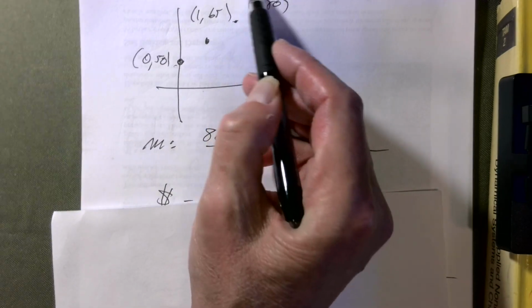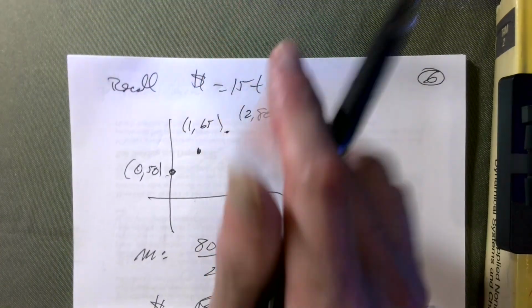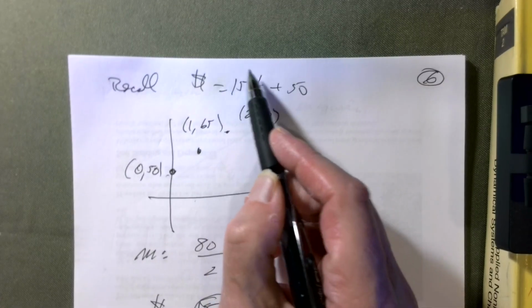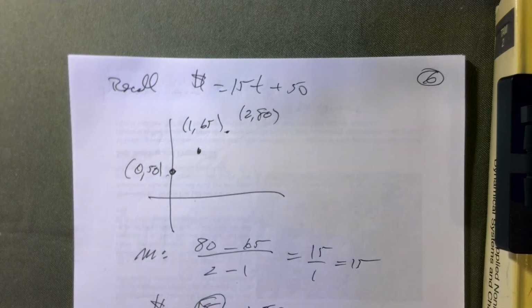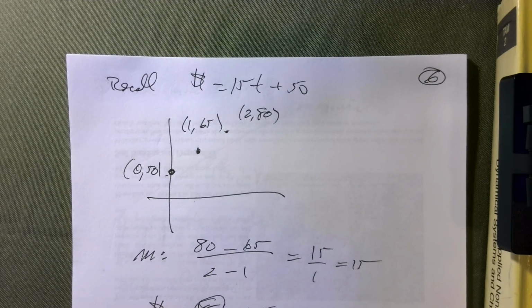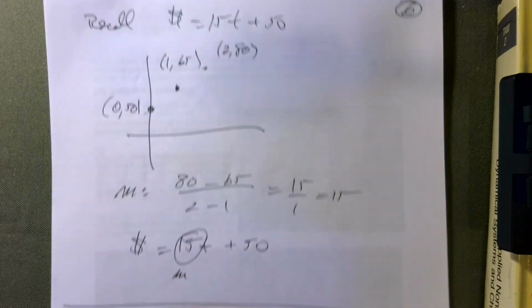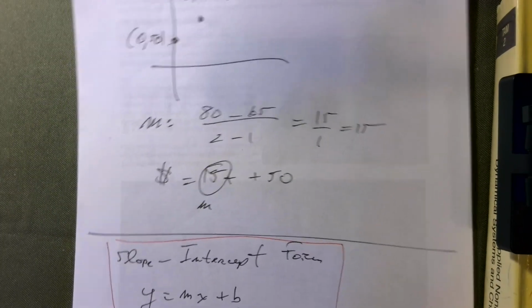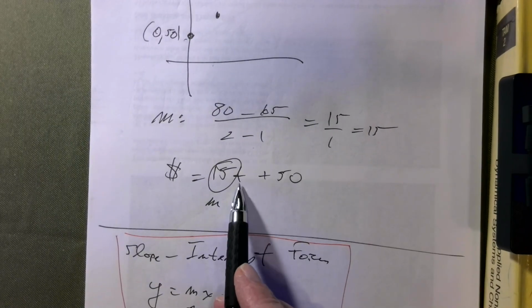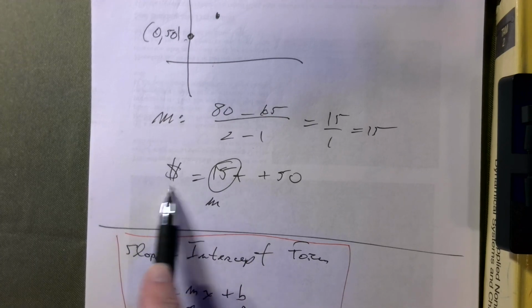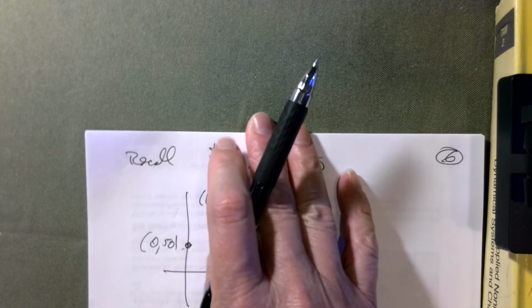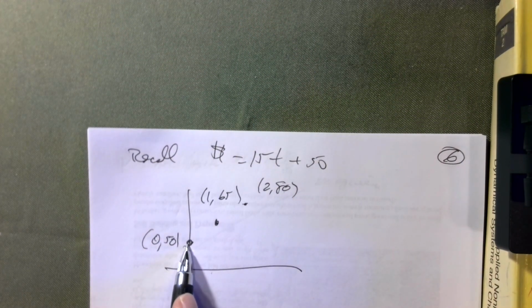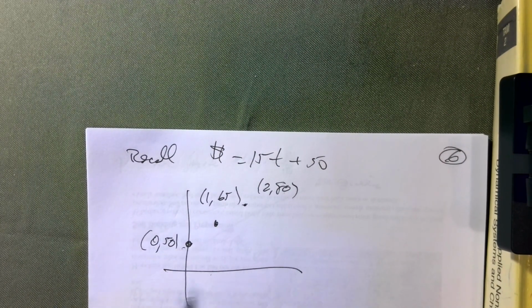This number right here, this slope, is how much you make per hour. So in this particular example, the slope has a meaning. And if you let t be 0, the amount of money you make is 50, and that is your, quote, y-intercept, if you're thinking of these as x's and y's.